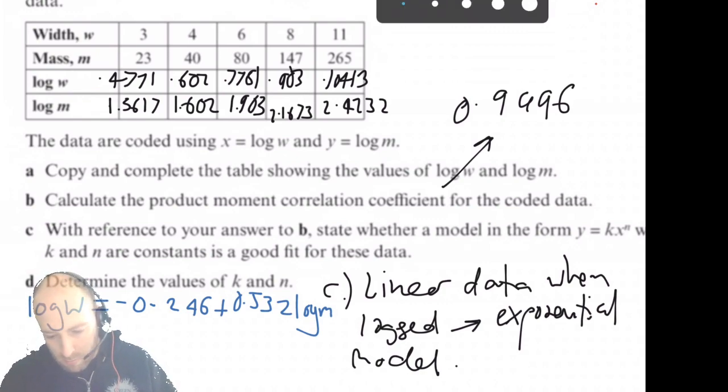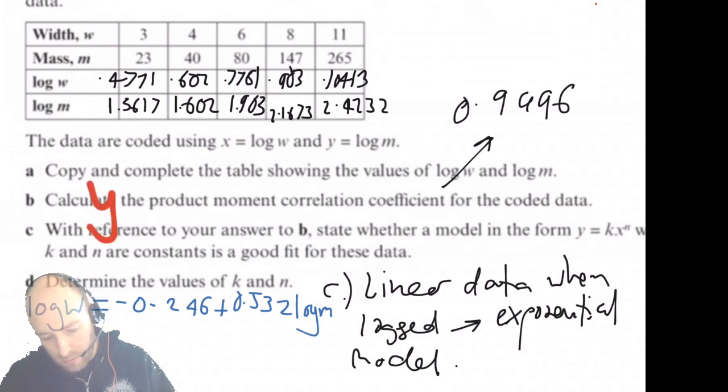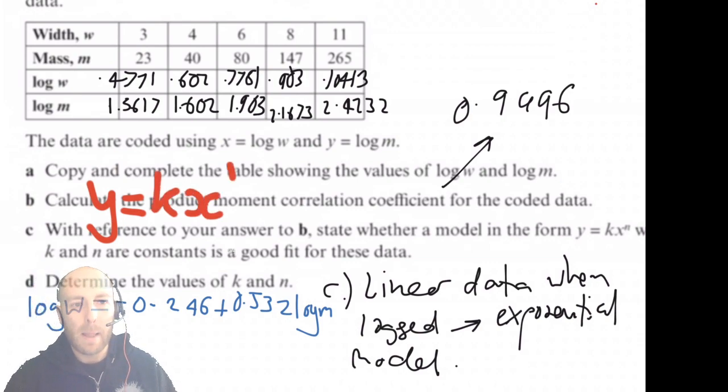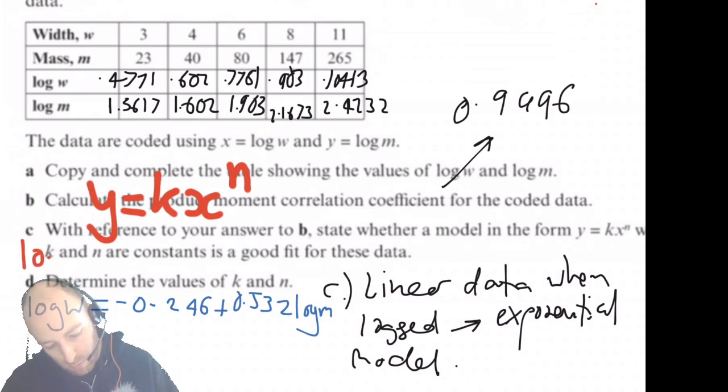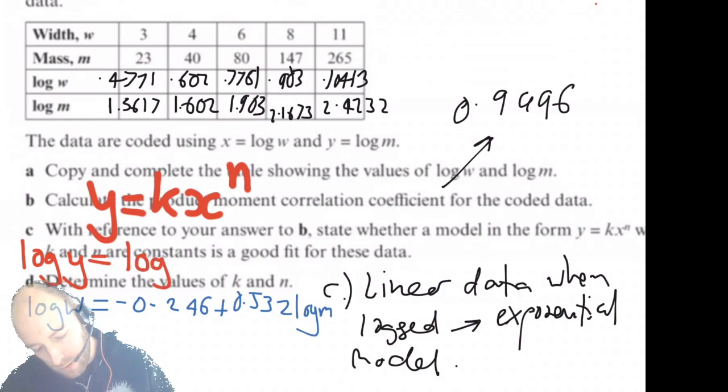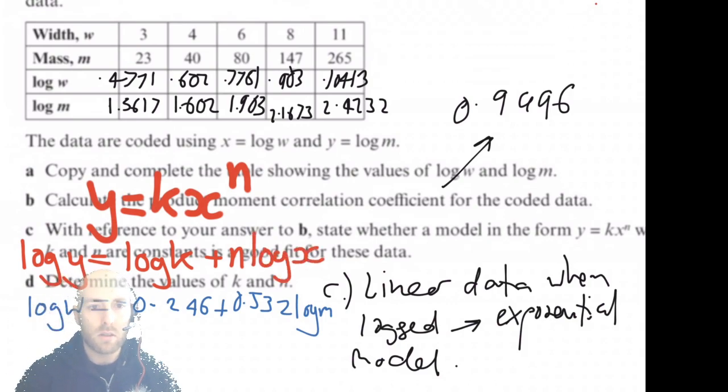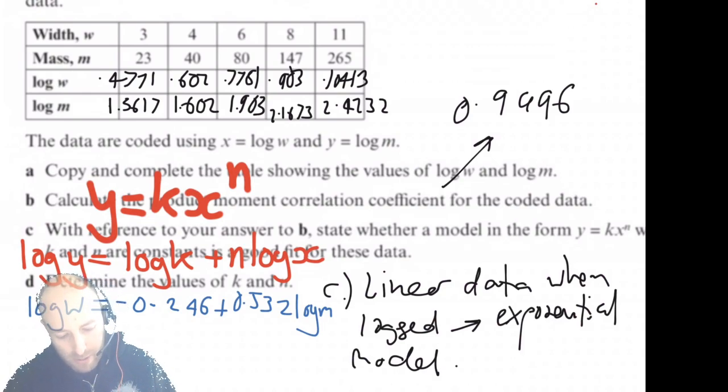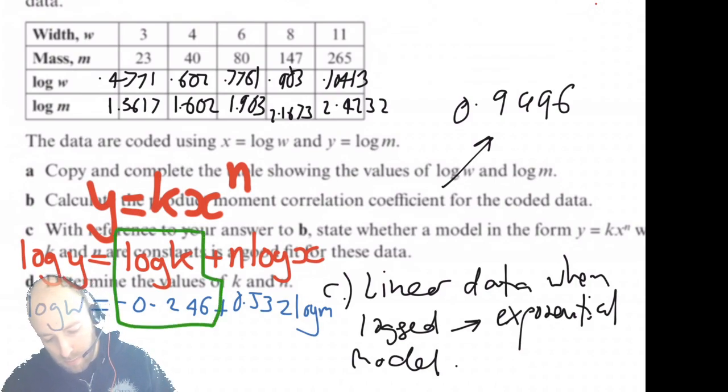So we've got the equation y equals kx to the n. I'm going to log this equation, so we'll get log y equals log k plus n log x. Okay, so let's compare these things. Log k must equal this, and n must equal this.